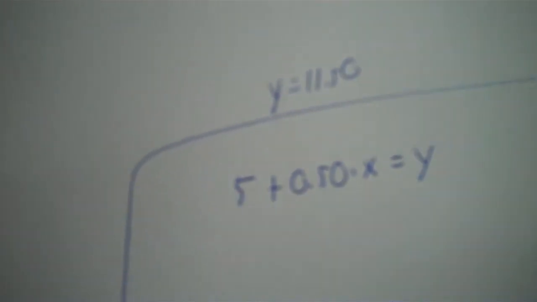So now I have my equation I used to solve the problem: 5 plus 0.50 times x equals y. Now put your $11.50 in the money column, and we are to find out how many miles we have. So y equals $11.50. You substitute that in place of your y variable.